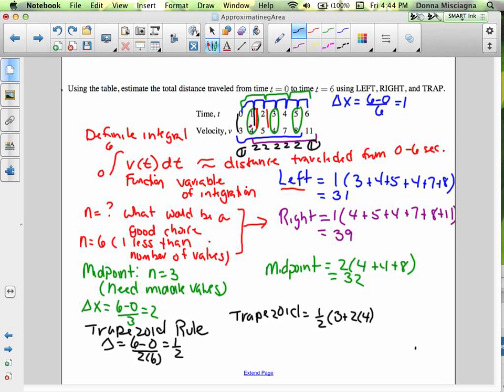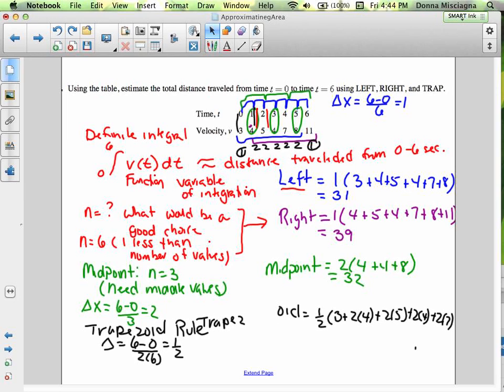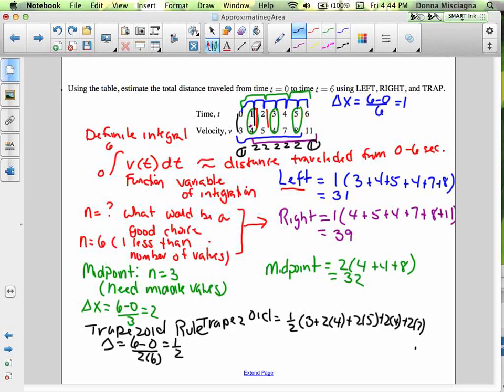So 2 times 4 plus 2 times 5 plus 2 times 4 plus 2 times 7, I knew I didn't have enough space, plus 2 times 8 plus 11. Let's see if I can squeeze a parentheses in there. So that's going to be 1/2 times 3 plus 8 plus 10 plus 8 plus 14 plus 16 plus 11.